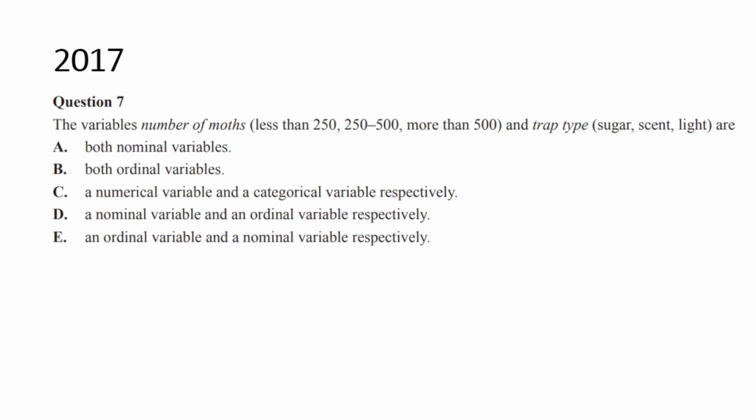But the last past exam question we're going to look at in this video is from the 2017 exam. The variables number of moths, with categories less than 250, 250 to 500, and more than 500, and trap type, sugar, scent, and light, are what?